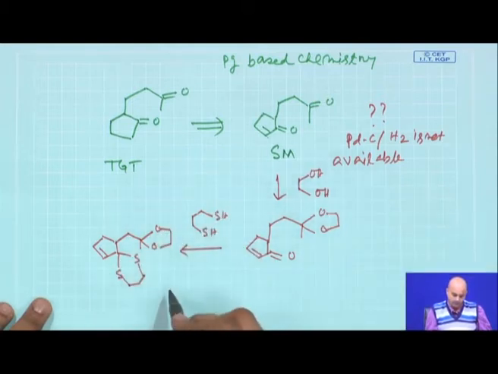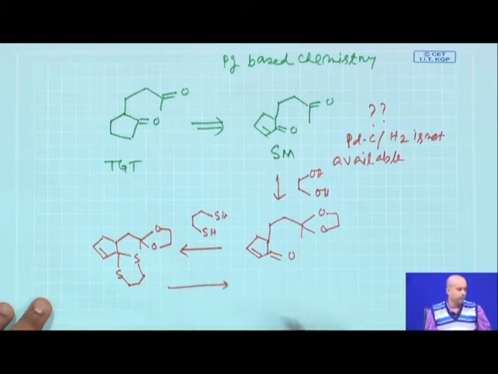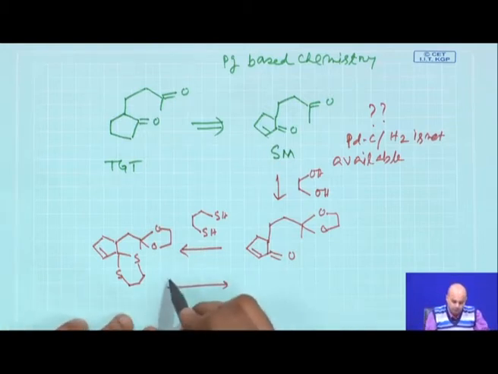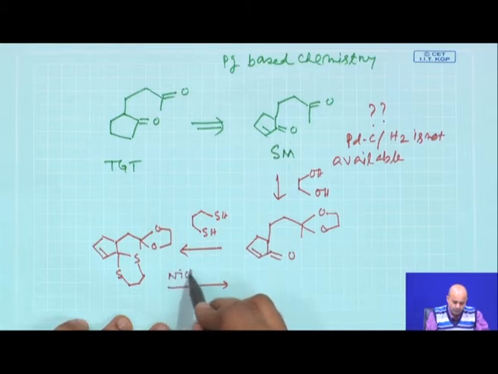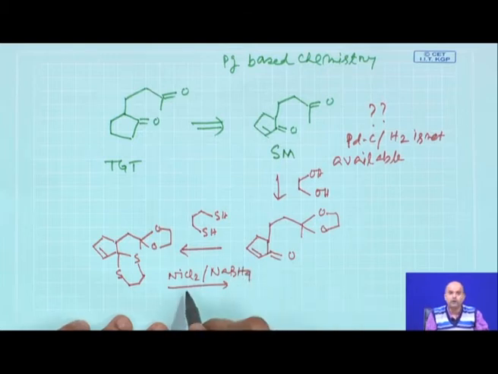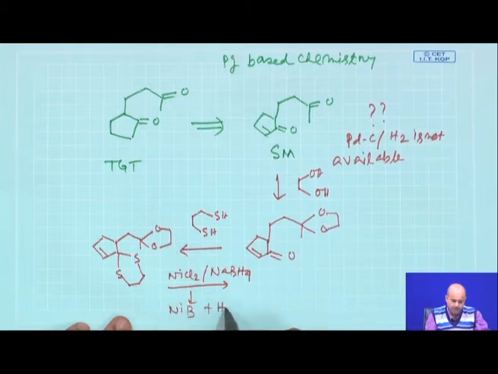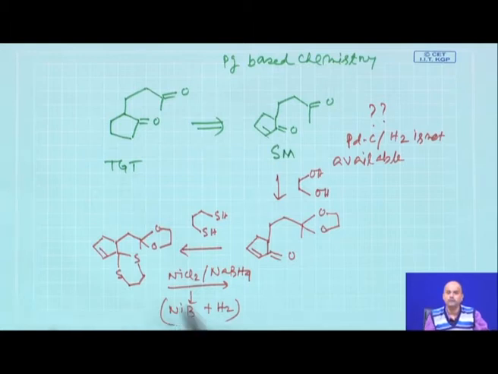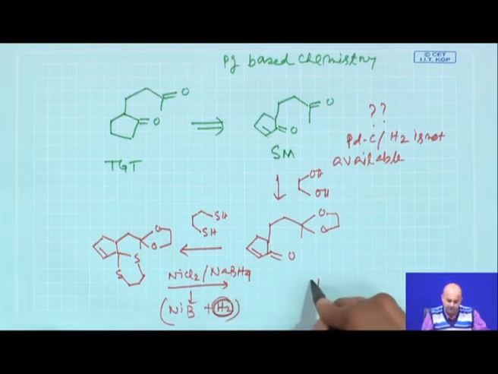Now you have this double bond which remains free, and both the ketone groups have been protected. Now, palladium charcoal is not available to you. The best way you can do this reaction is if you have nickel chloride and sodium borohydride in your lab. The combination of nickel chloride and sodium borohydride basically gives you nickel boride and hydrogen gas. Nickel boride is a blackish nanoparticle material, and hydrogen will be evolved from sodium borohydride, and this reaction can be carried out very nicely.